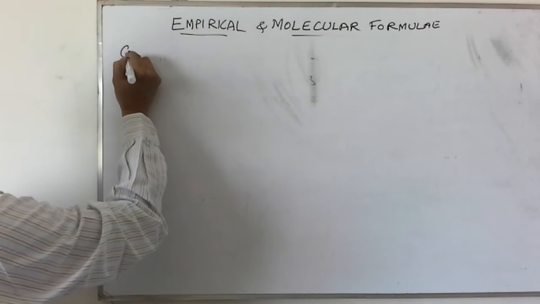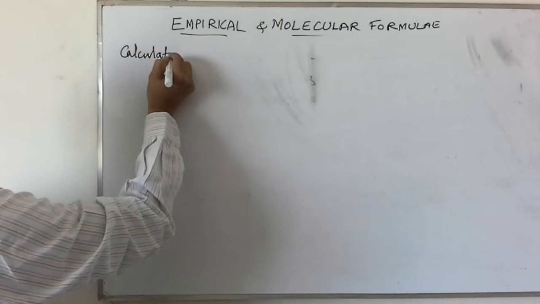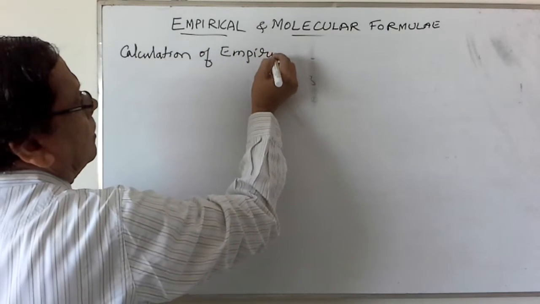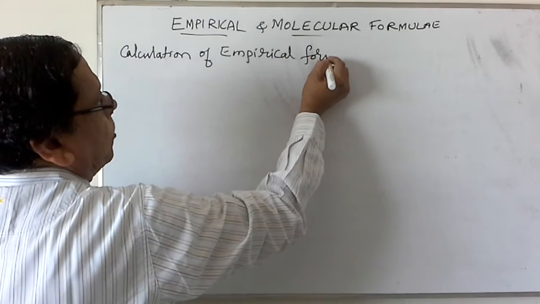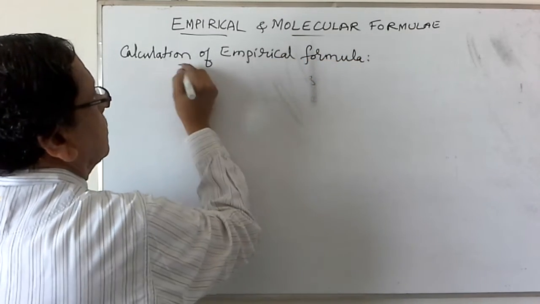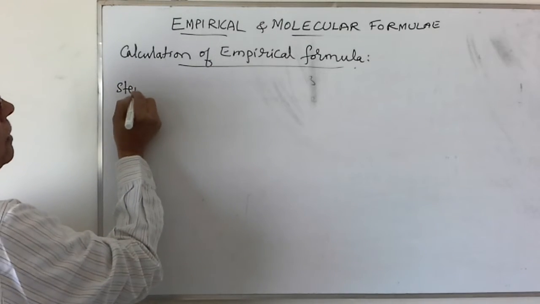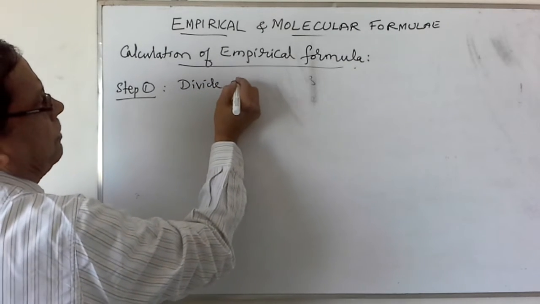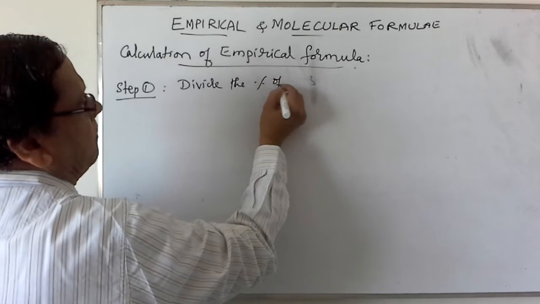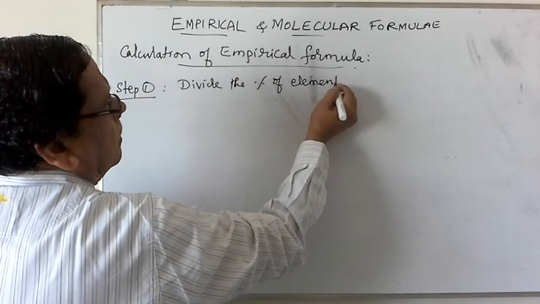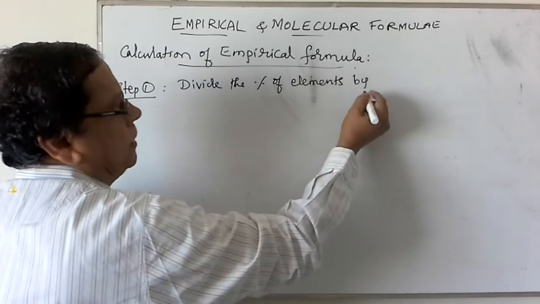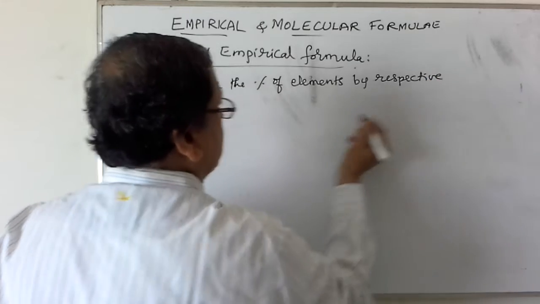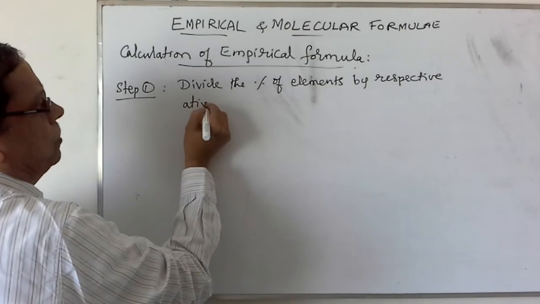So, let us see the calculation of empirical formula. The first step is to divide the percentage of elements by their respective atomic masses.